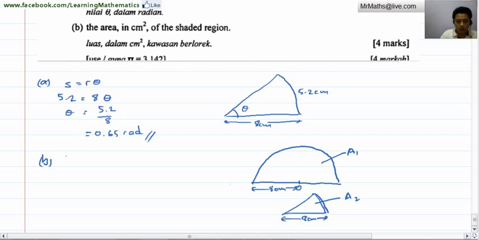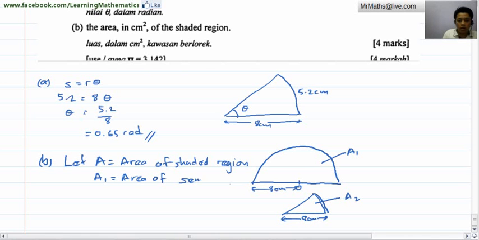Okay, let A be the area of the shaded region, and A1 be the area of the semicircle, and A2 is the area of the sector.